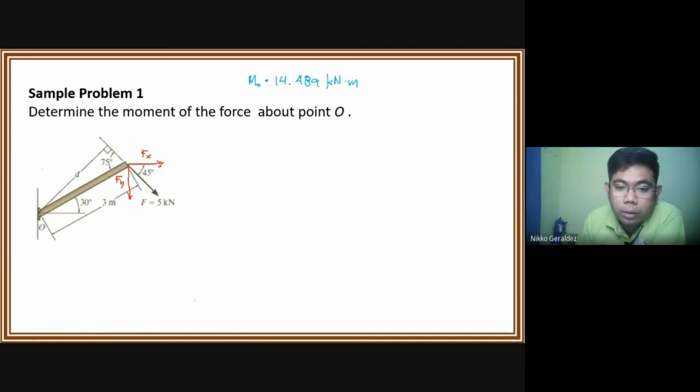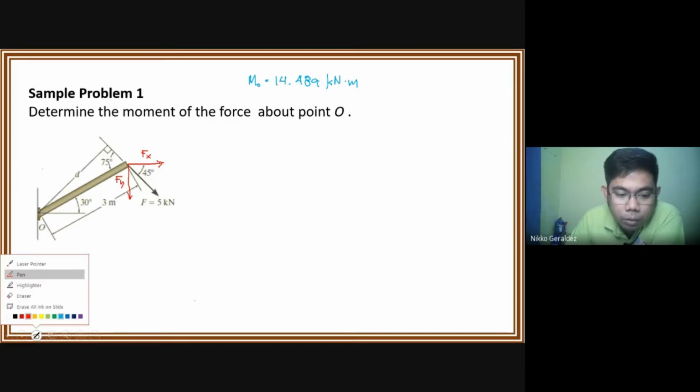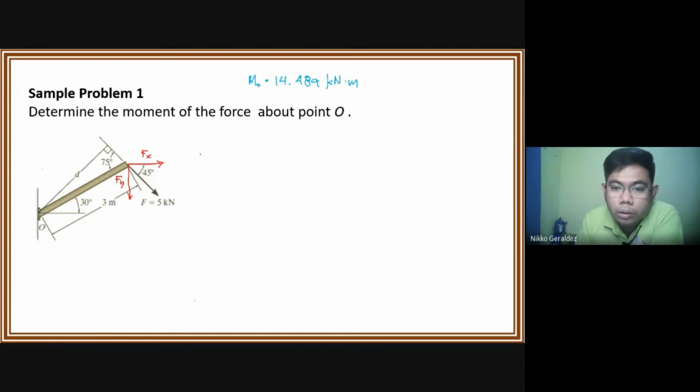Una, solve natin si x component. Moment at point O, clockwise, positive, that is equal to summation of force times perpendicular distance.